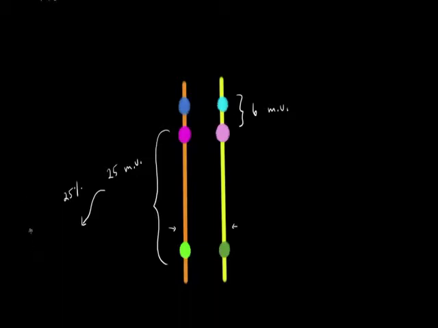So here's our paternal chromosome, and then our maternal chromosome, or chromatid. Since they swapped in this spot, I'm going to draw yellow right over here. That's the part that came from the maternal chromosome. And then I'm going to draw orange over here. That's the part from the paternal chromosome.